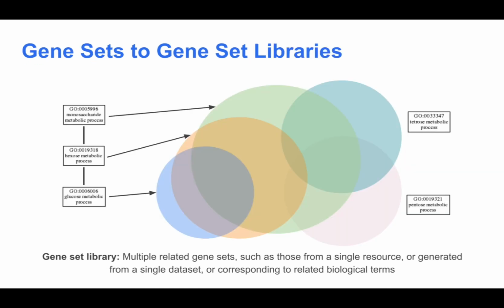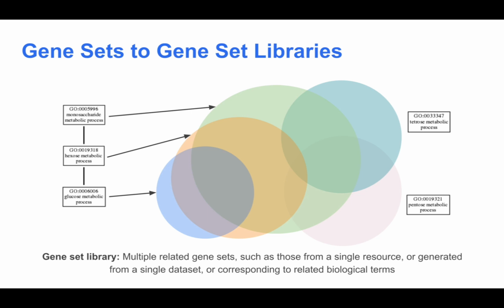We can then combine several different gene sets to create a gene set library. This is a collection of multiple related gene sets, such as those from a single resource, generated from a single data set, or gene sets that correspond to very related biological terms. One well-known source of gene set libraries is the Gene Ontology, or GO. Here I have an example of several gene sets related to carbohydrate metabolism.